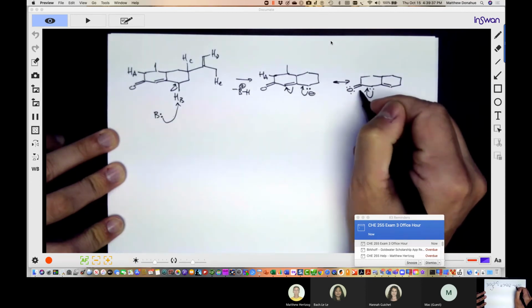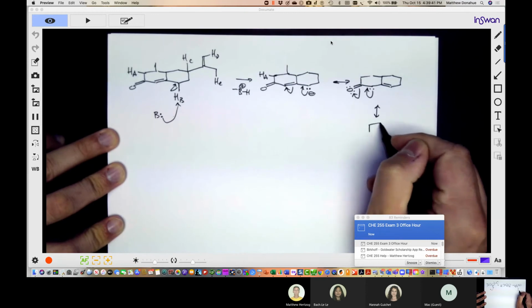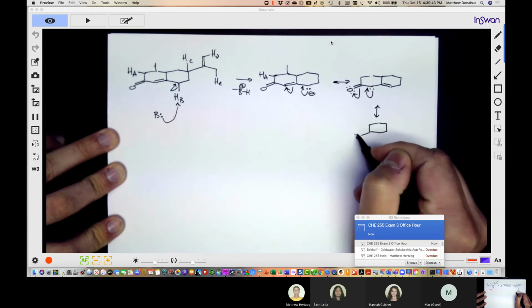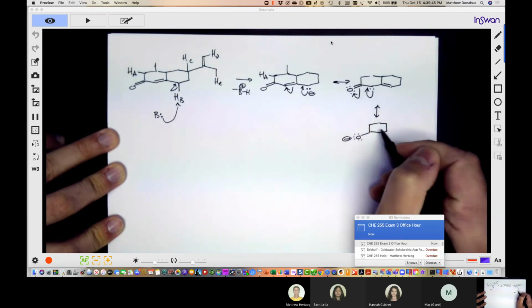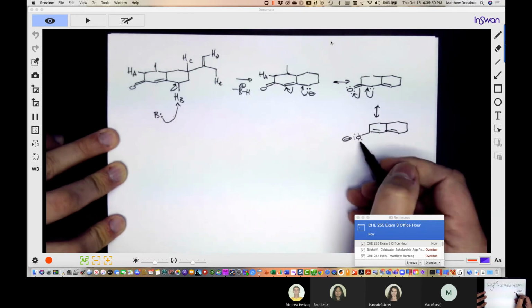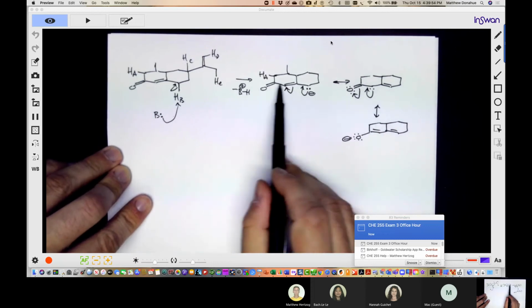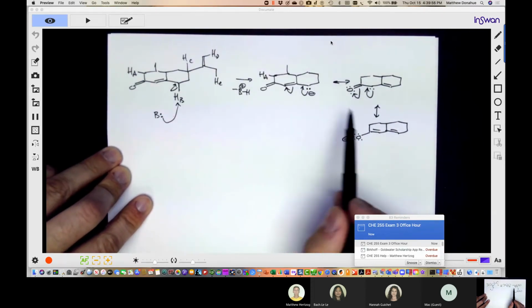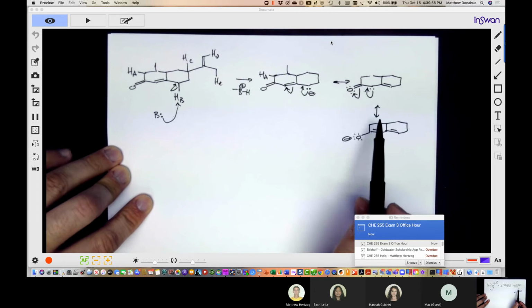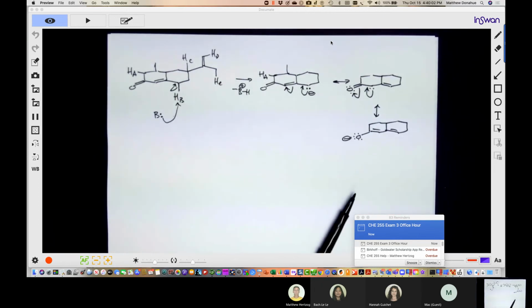You can delocalize it again onto the oxygen. So the more resonance forms you have for something, the more stable it is. And so that's an indicator of acidity.